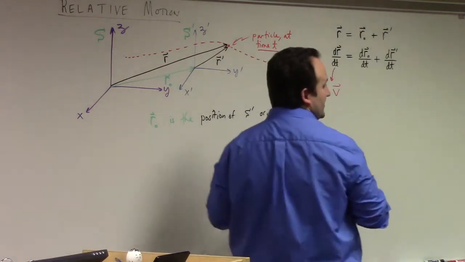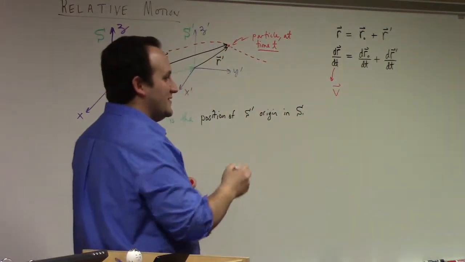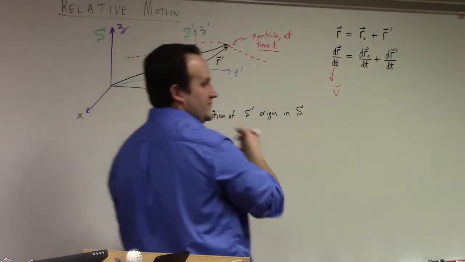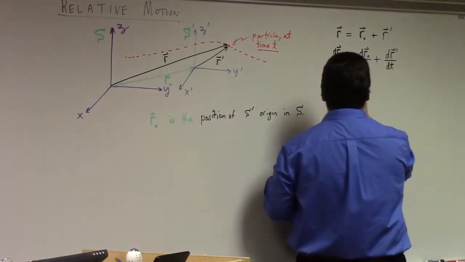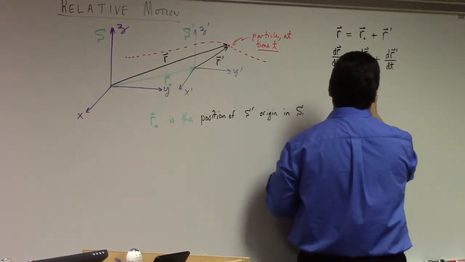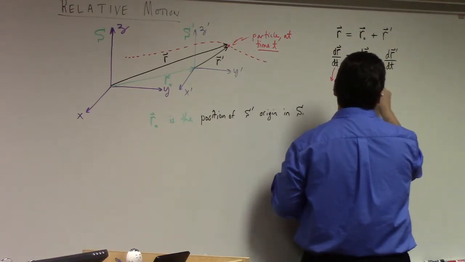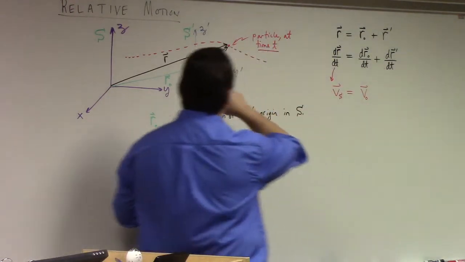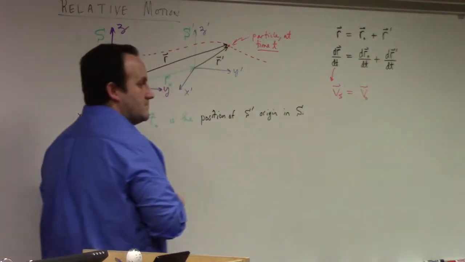Okay, so we could call this the velocity in the S frame. So you might call this v sub s, velocity relative to S, right? Well, it's equal to the velocity of the origin of the moving frame, let's say prime.